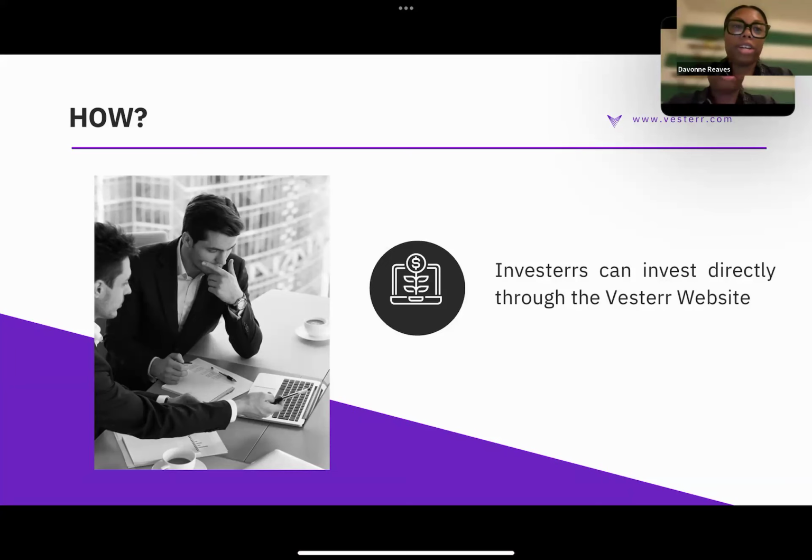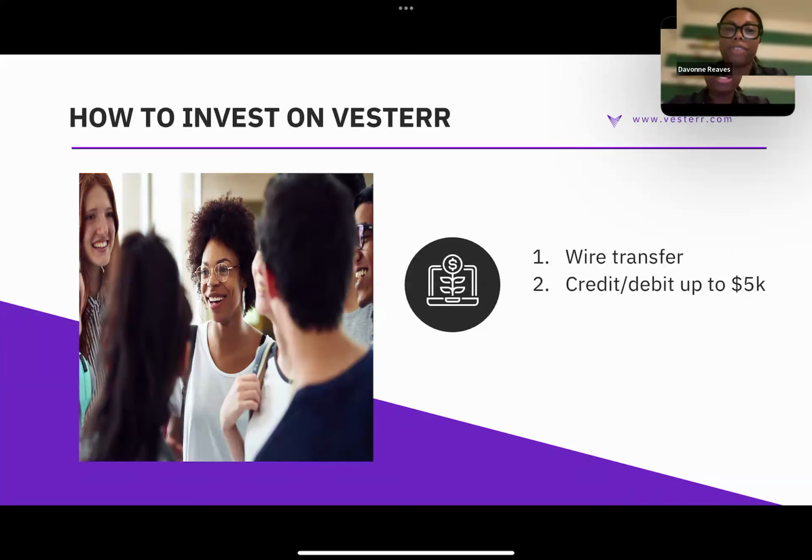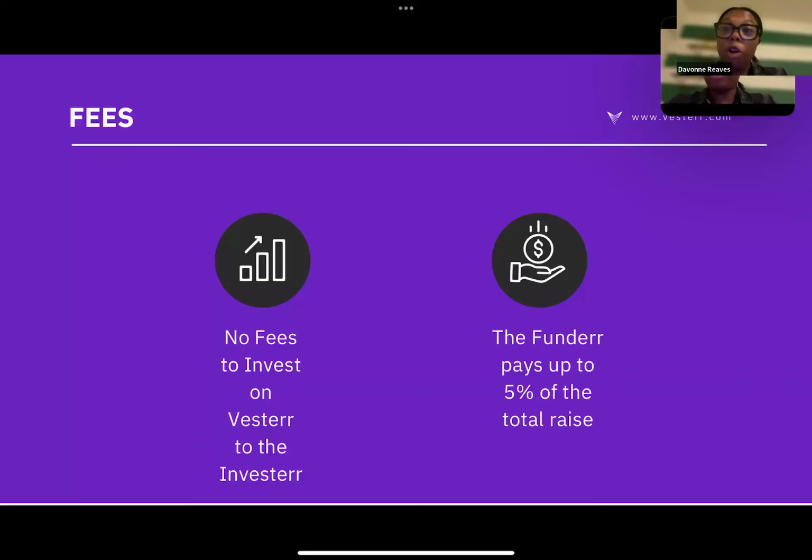But tonight we're just talking about Vestor. To invest on Vestor, we accept wire transfers, or you can use your credit or debit card up to $5,000. There's no fee for you to invest. So if somebody says there's a fee to invest in Vestor, it is a scam, because we do not charge you. The only people who get charged are the funders, the folks who are raising capital on the platform.